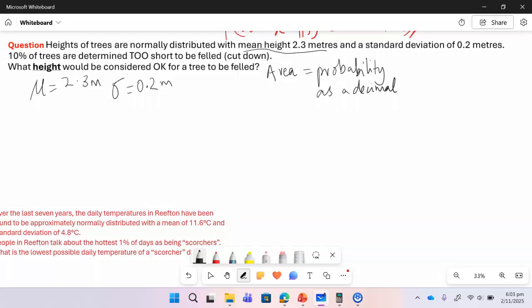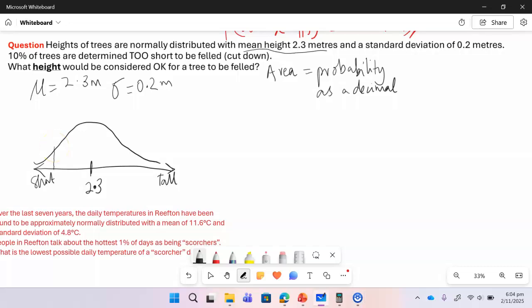Alright. So let's say all the trees are distributed like this. All the tall trees are to the right. All the short trees are to the left. You have your mean somewhere here in the middle, right? 2.3 meters. So if there are trees that are determined too short to be cut down, then you're looking to this side of the curve.